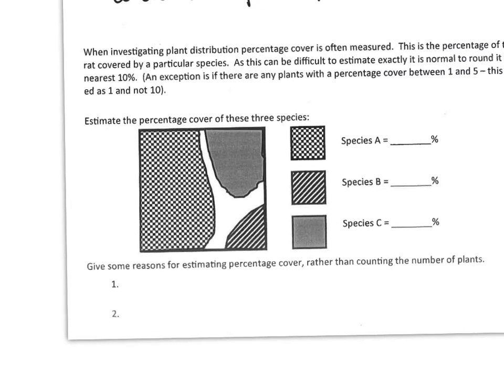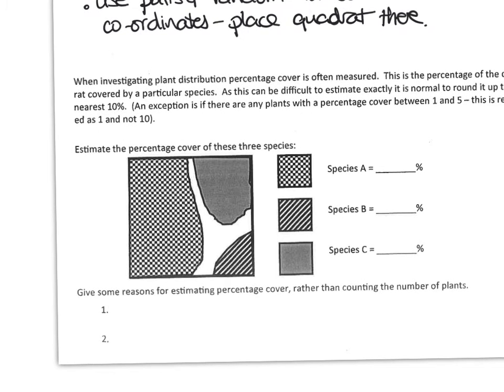So percentage cover. Species A, what would you say for species A? 50%. Yep. What about B? 15 or so. I would say it's about 10. 15 wasn't a bad guess.